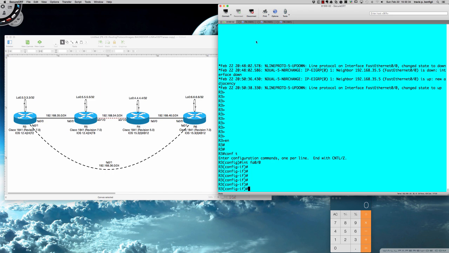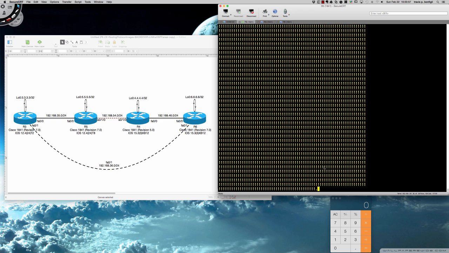Let's see, 3 pings on the first one, right? As soon as I hit shut here, that interface is going to go down. Let's see how many pings we miss when we have a feasible successor in the topology table ready to be inserted into the routing table. I hit enter, I click over, let's see.